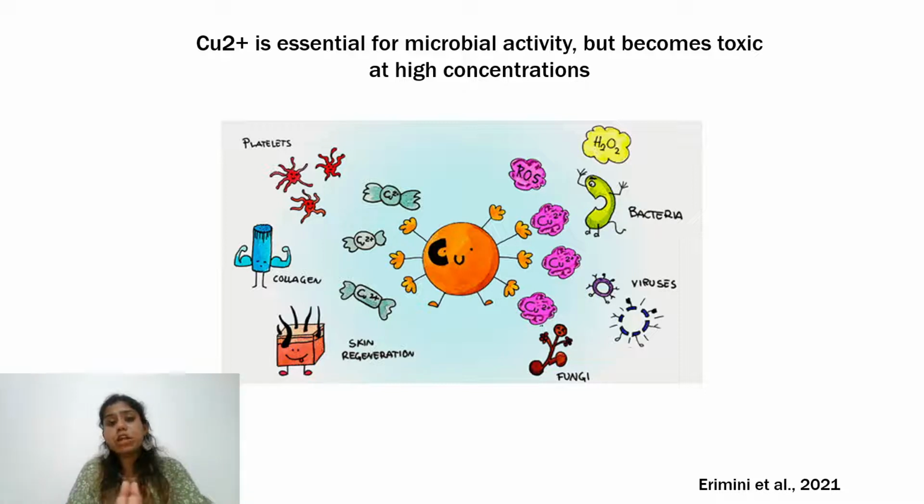Because if there is copper in the source in which we are trying to do biodegradation or bioremediation, depending on the concentration, it is going to either help the microbe of our interest, or it is going to cease the activity of the microbe itself. Therefore, it is essential to look at the concentration before we actually use that particular microbe for that particular source.